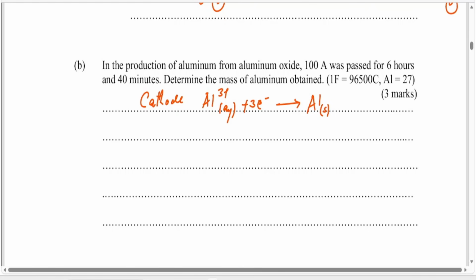If that is the case, we need to know the amount of this aluminium that was deposited. This is the application of the law that relates the mass of a substance to the electricity that is passed.